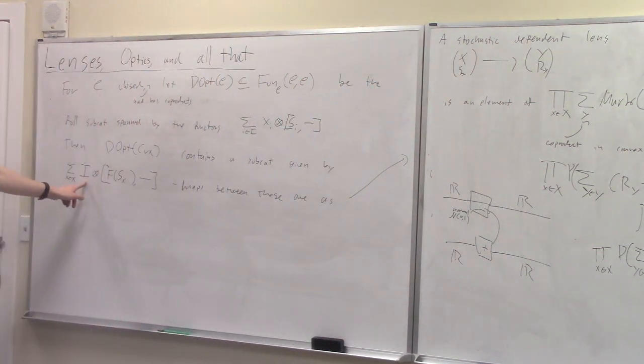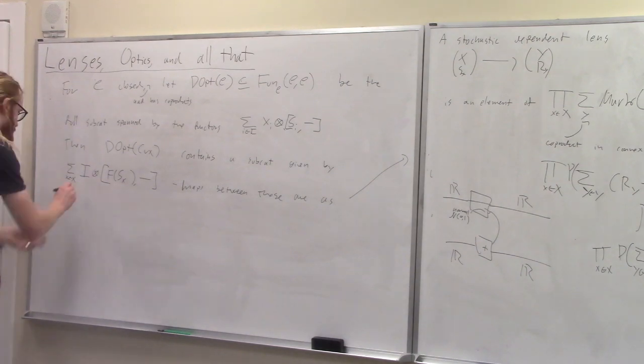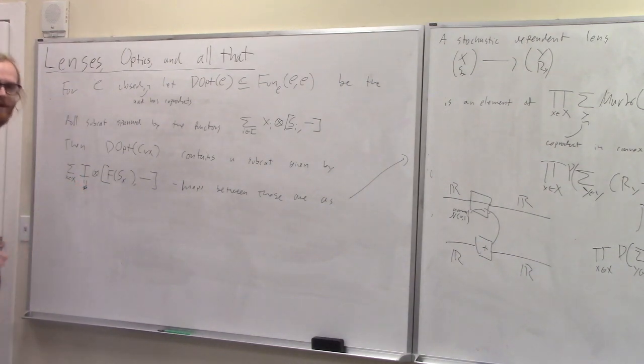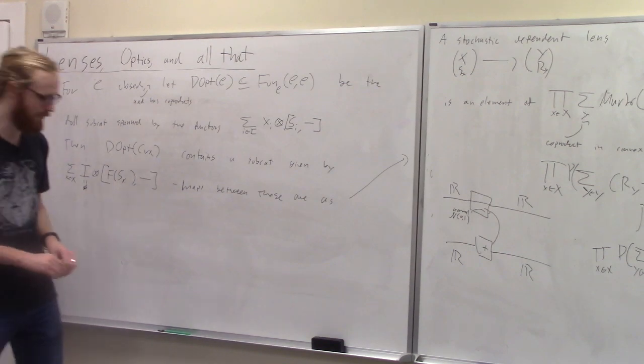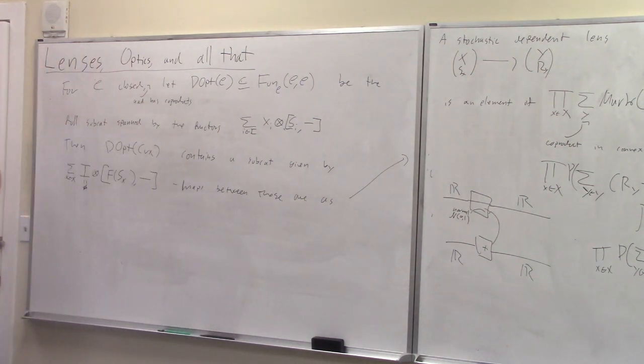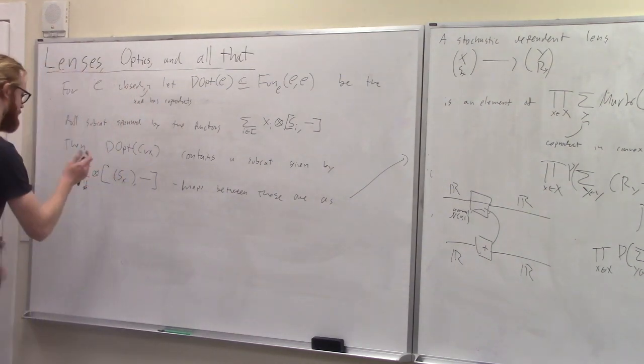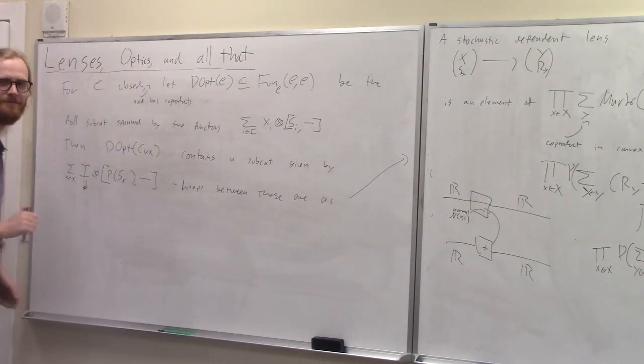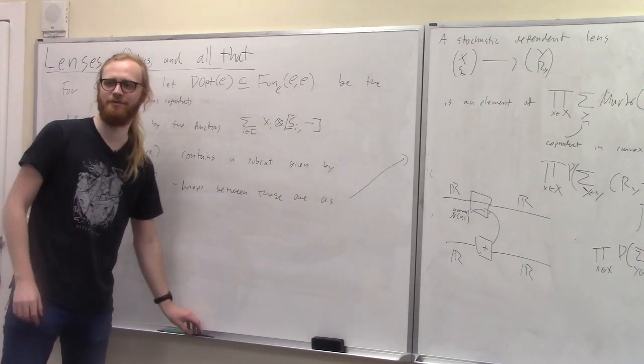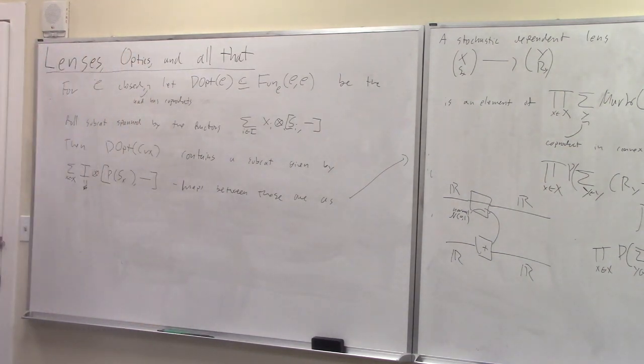The unit, in convex spaces, is actually just a point, but this is the free convex space on a point. I should write P of Sx, since the free thing is also just the space of probability distributions. And that's what makes that work.